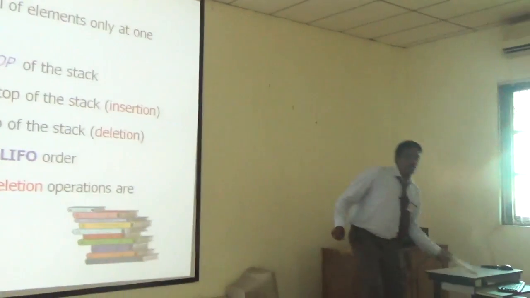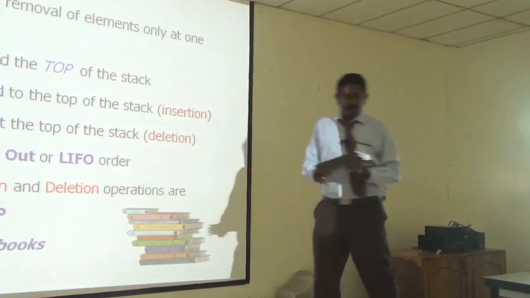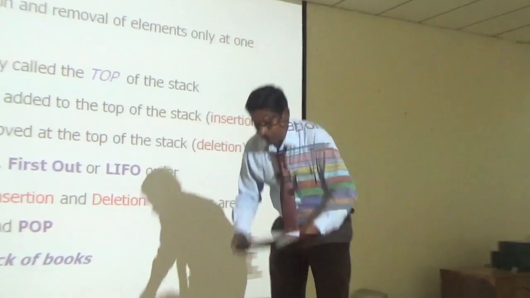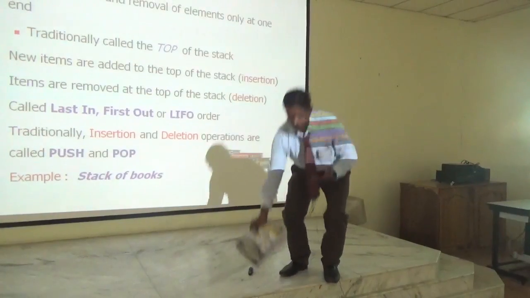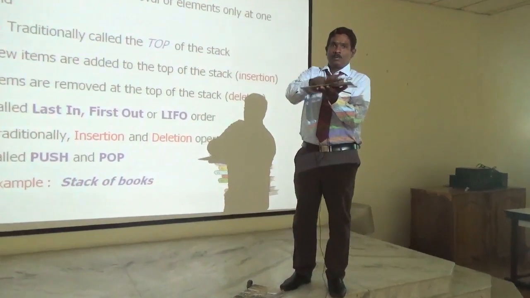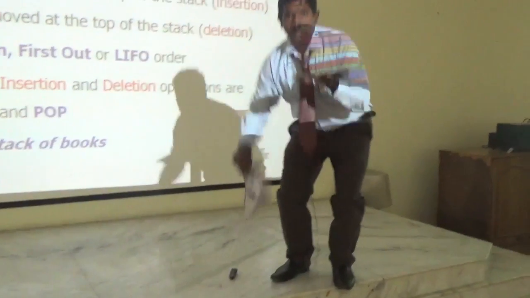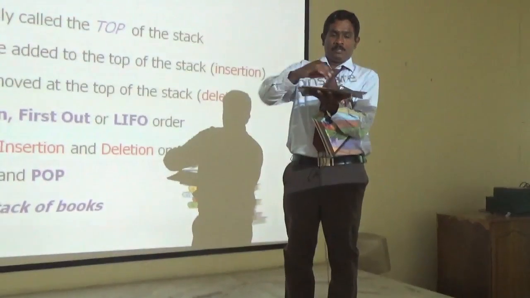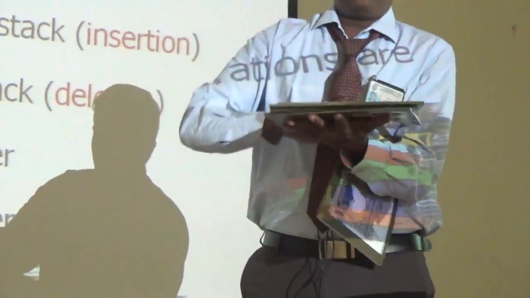I am going to explain how books are added into the stack. I am taking five books here. How are they added one by one? First I put the first book into my stack of books, then the second one, third one, fourth one, and fifth one.